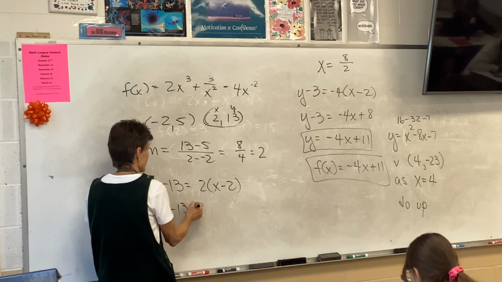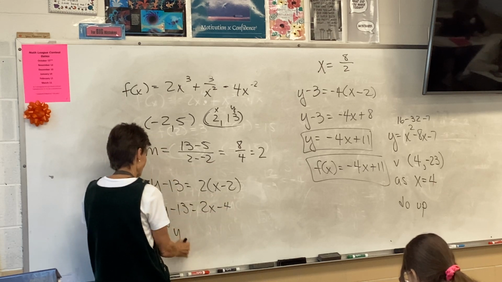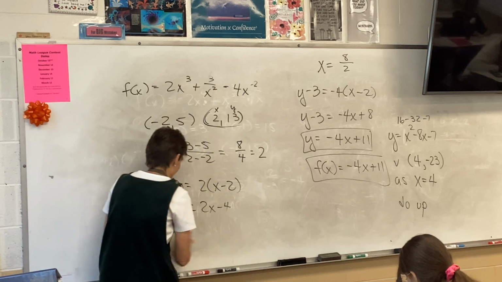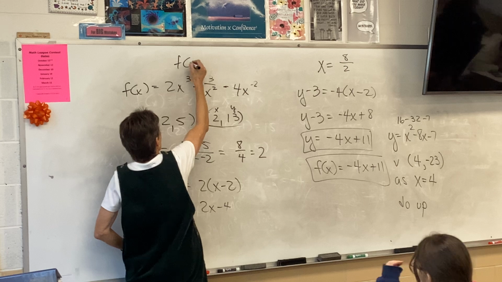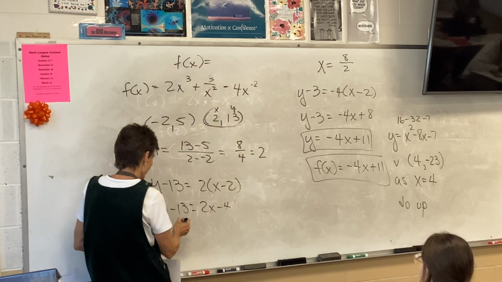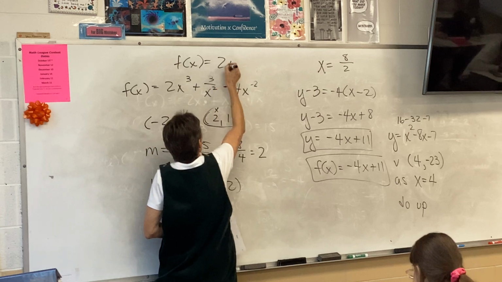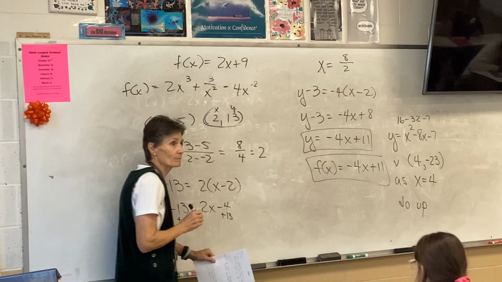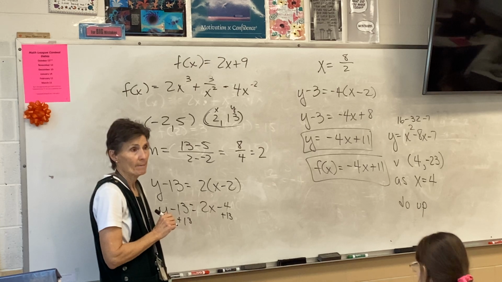So y minus 13 equals 2x minus 4. Looks like I'm going to have f of x equal to, if I add 13 over here, 2x plus 9. Is that right? That's your answer.